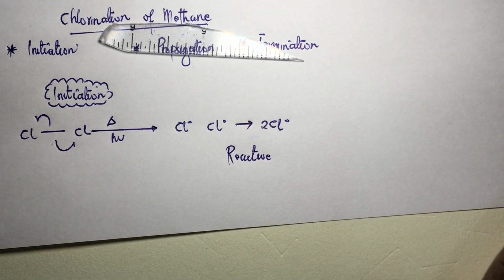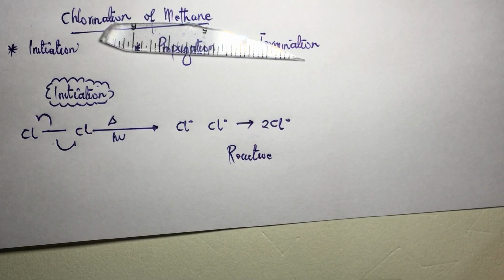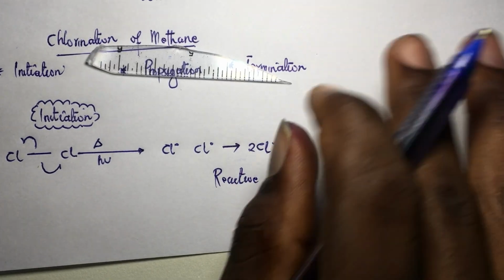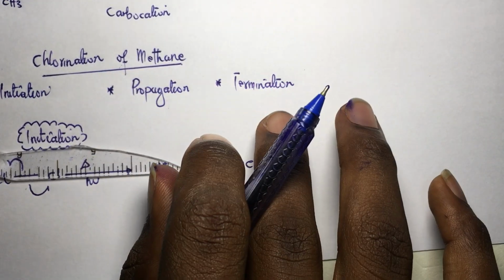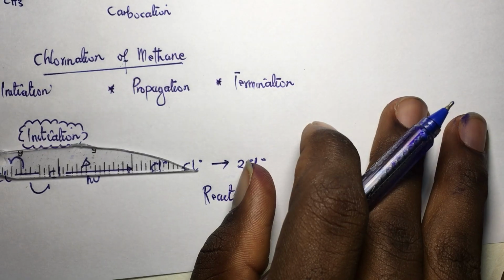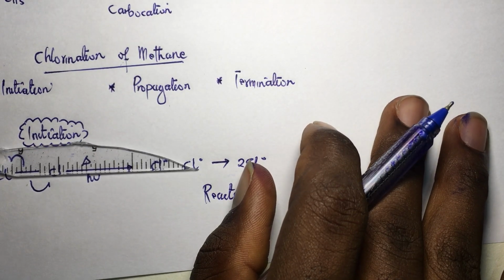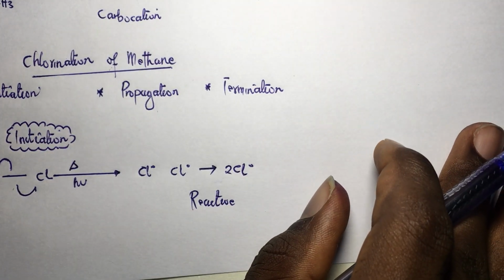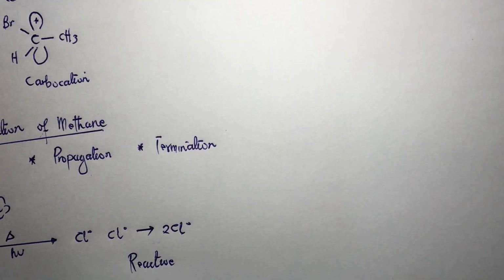Now let's look at the propagation, because the propagation is the most important thing. Like I told you, halogenation of alkanes involves 3 steps: initiation, propagation, and termination. Now let's move into the propagation step, where the new radicals that have been generated attack the hydrogens.